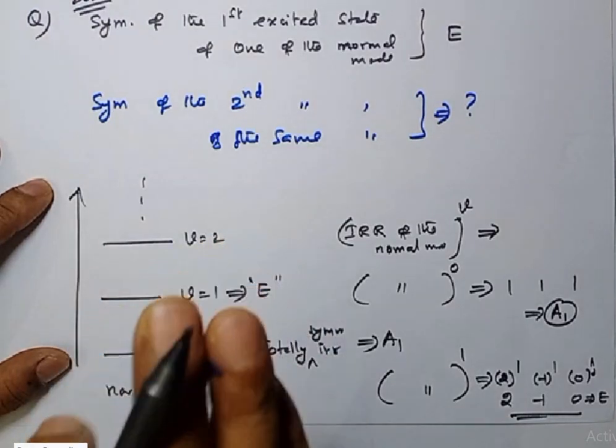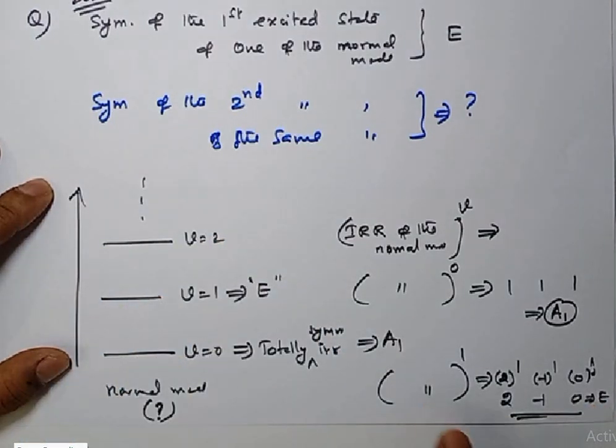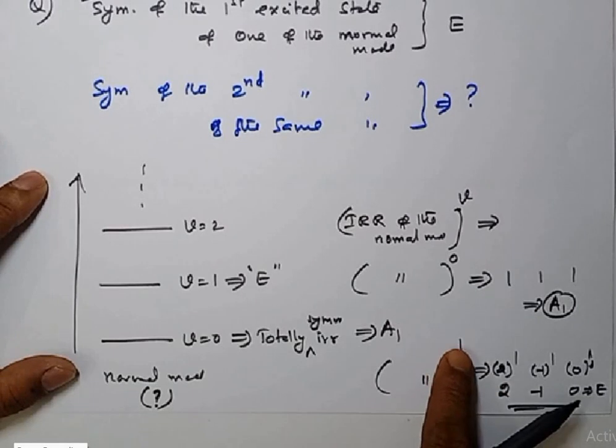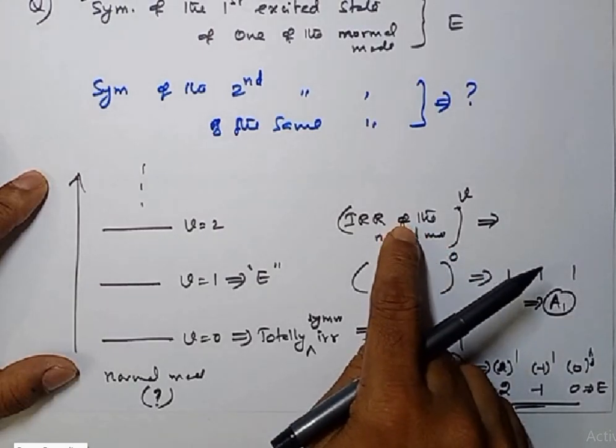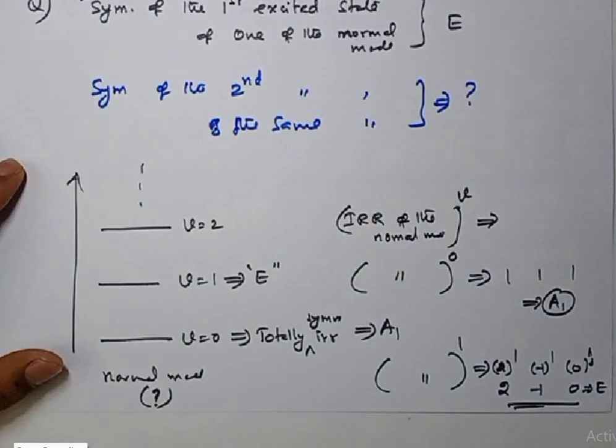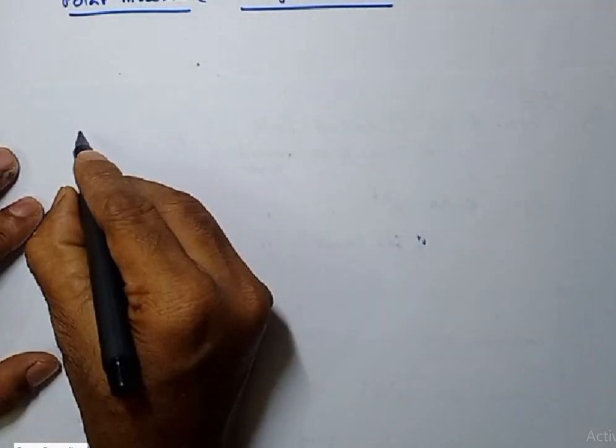Observe carefully. For the first excited vibrational state, the irreducible representation is nothing but the irreducible representation of the normal mode. I repeat, this is a very important rule. Keep this in mind.